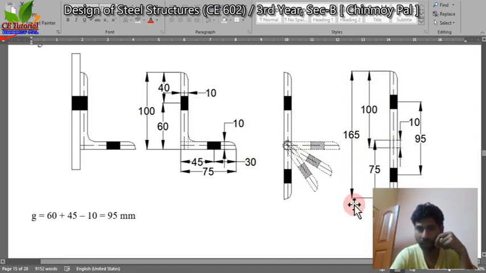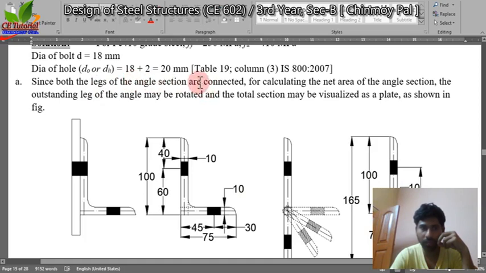So total length is not 100 plus 75, total length is 165 because there is an overlap portion of 10 millimeter. Since both legs of the angle are connected, for calculating the net area of the angle section, the outstanding leg of the angle may be rotated and the total section may be visualized as a plate.